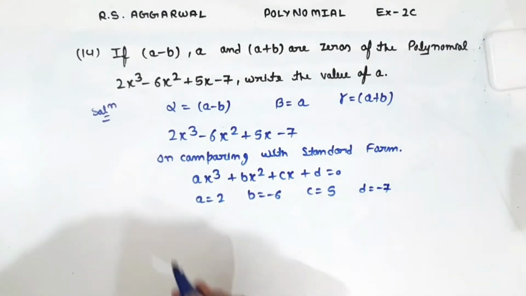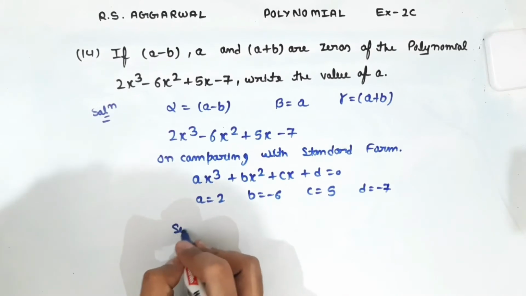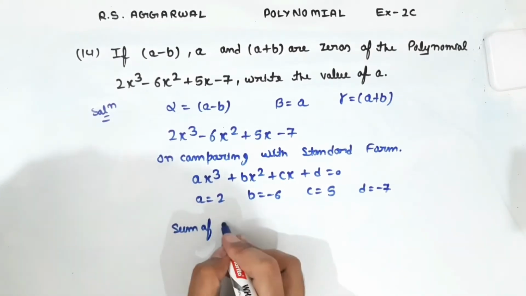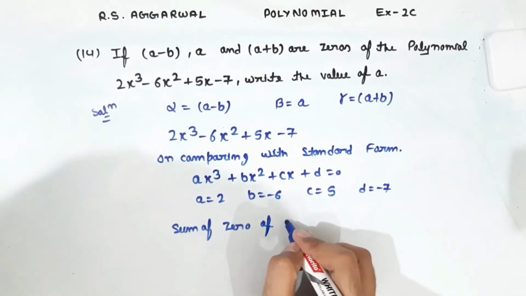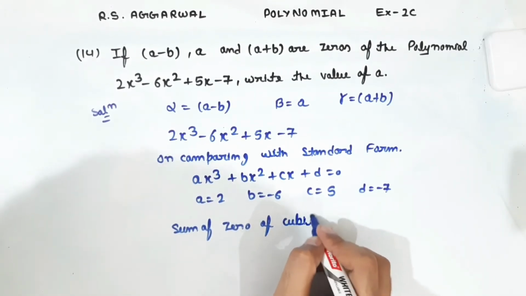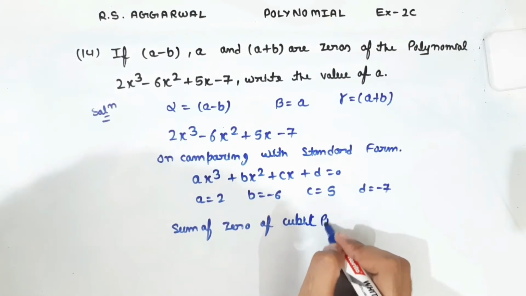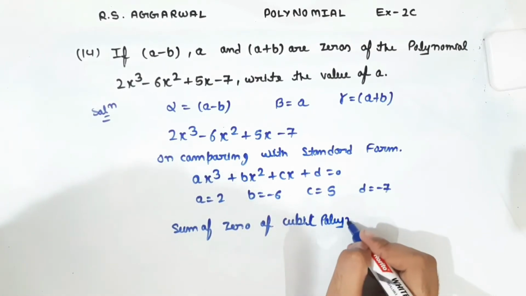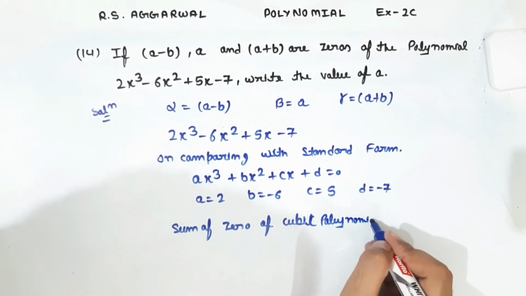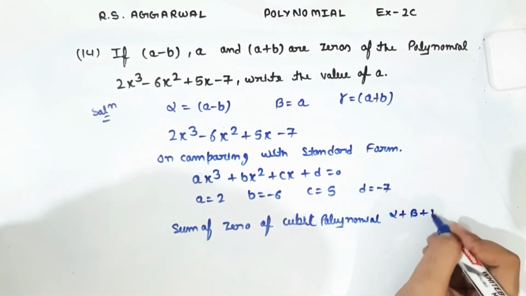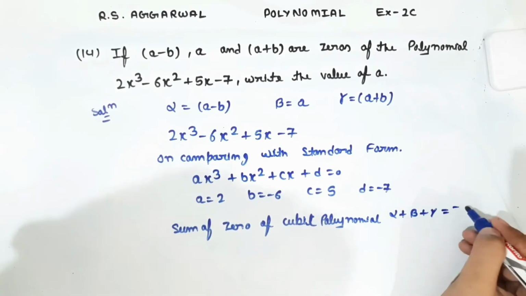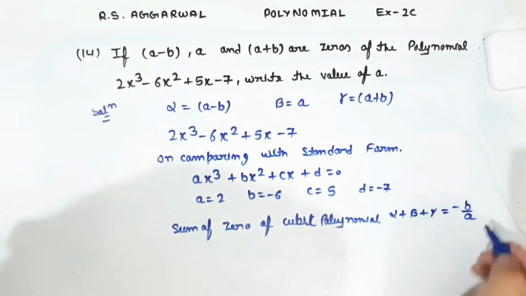So we know that the sum of zeros of a cubic polynomial, alpha plus beta plus gamma, is given by minus b upon a.